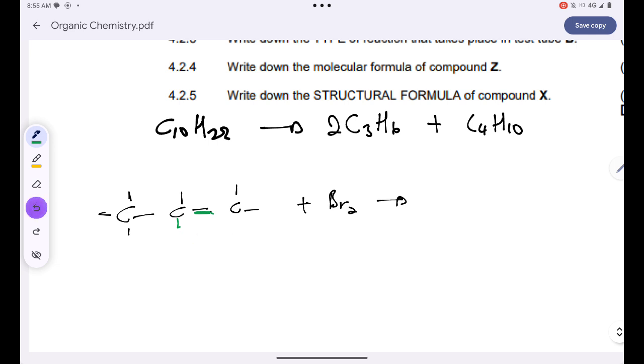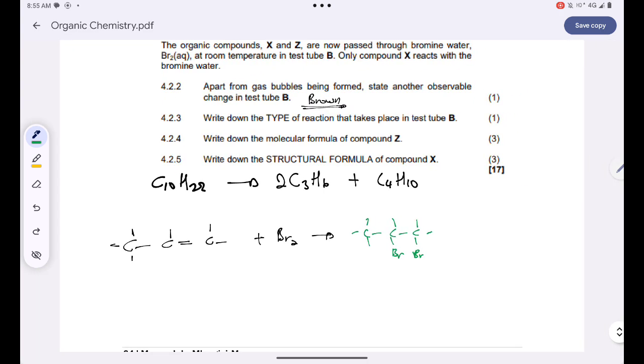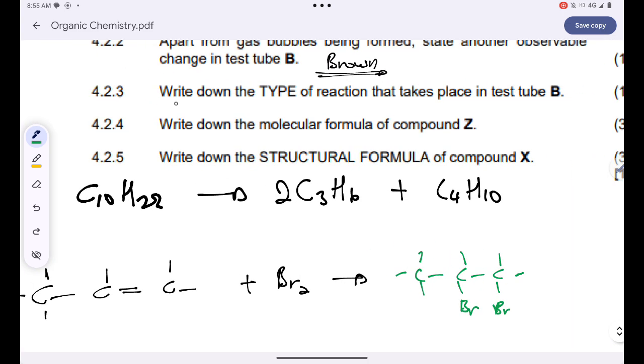So the type of reaction that takes place over there, guys, is just addition reaction. I'll have a Br there and a Br there. This is addition reaction, and the type of addition reaction is halogenation. The type of halogenation reaction is bromination. You can write addition, you can write halogenation, or you can write bromination.